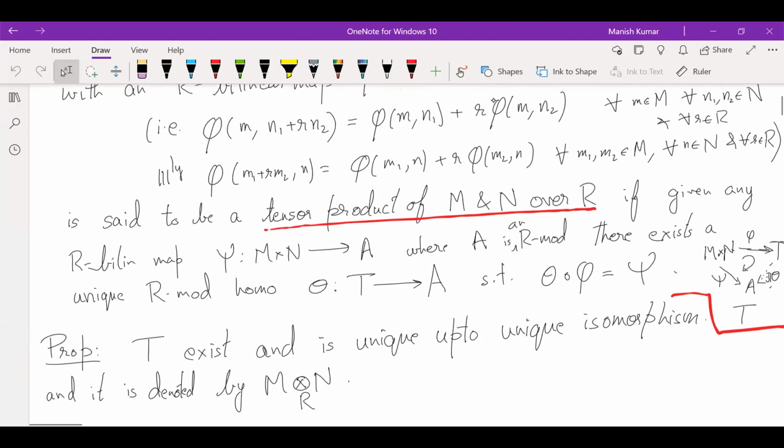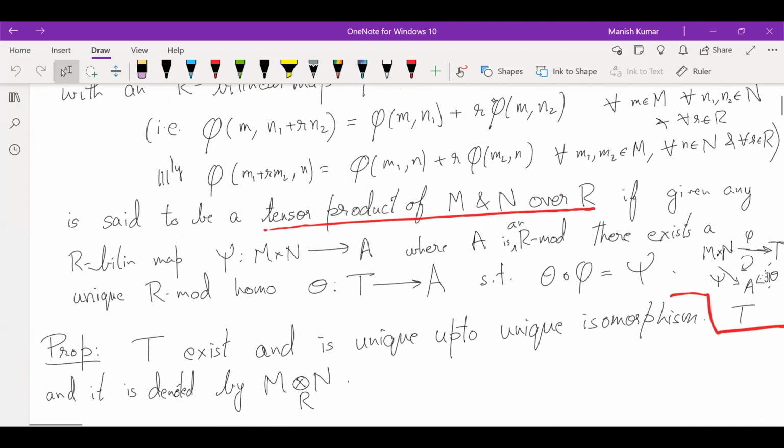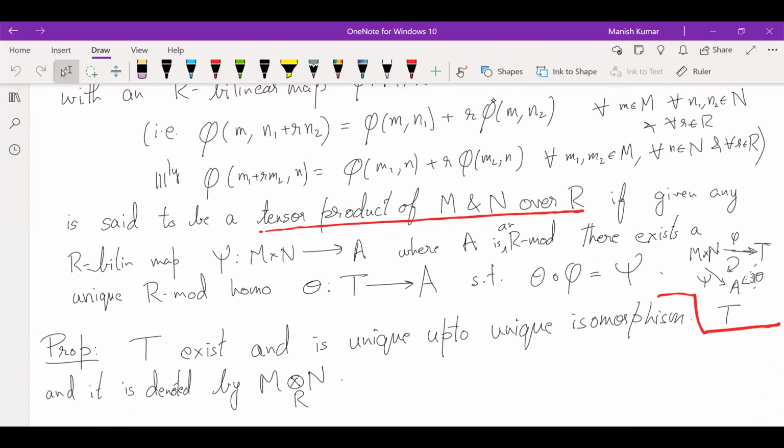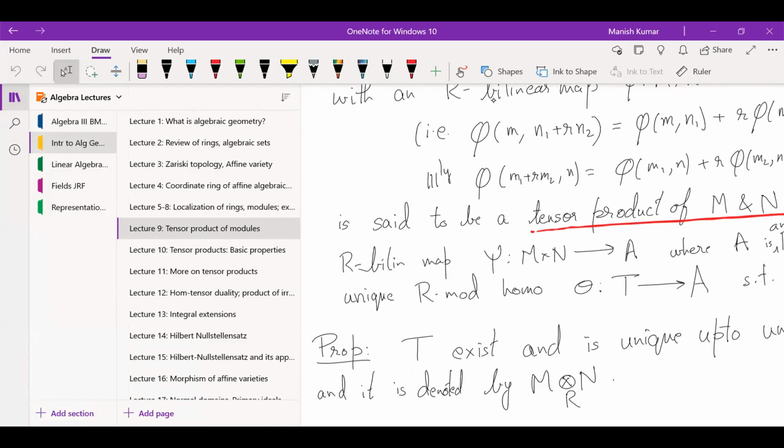As I said, the proposition says T exists and is unique up to isomorphism, and it is denoted by M tensor N over R. This is from my algebraic geometry course.